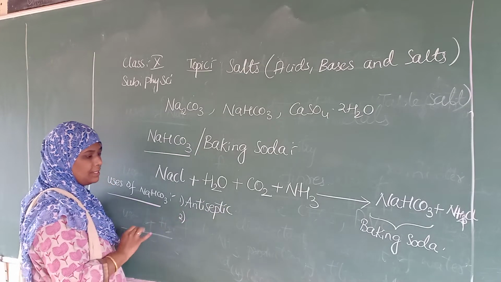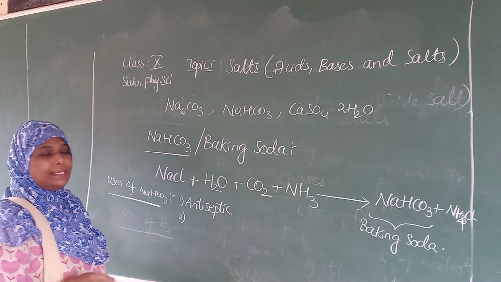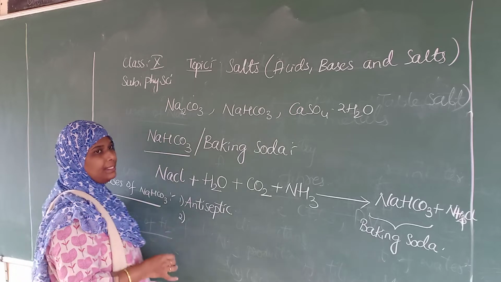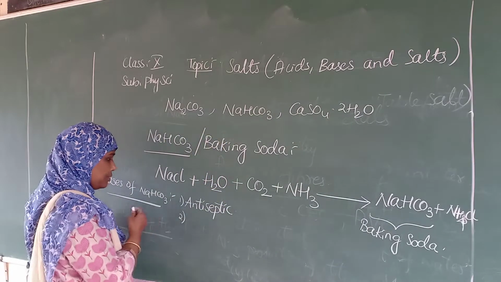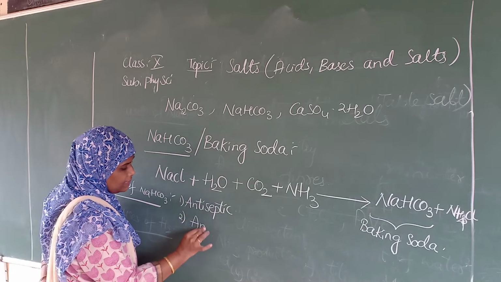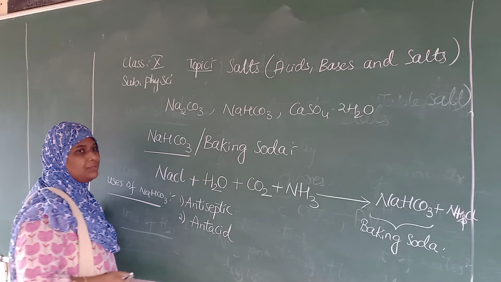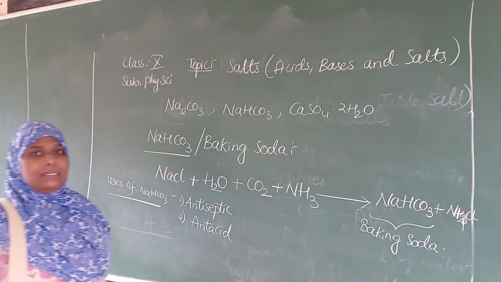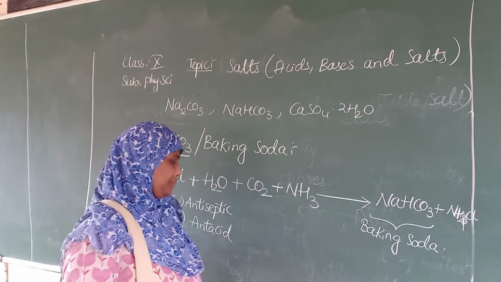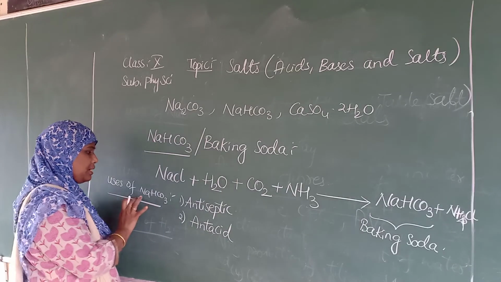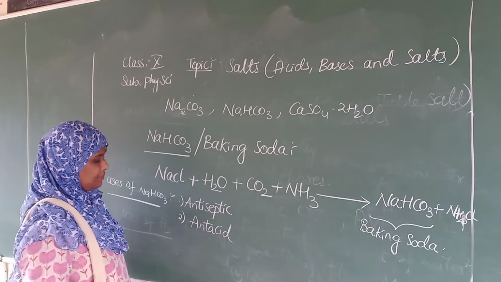Next, because it is a mild base, it is used to treat acidity. Hence it is used as an antacid. So what is an antacid? The substance used to treat acidity is called an antacid. Because baking soda is a mild base, it is used to treat acidity.